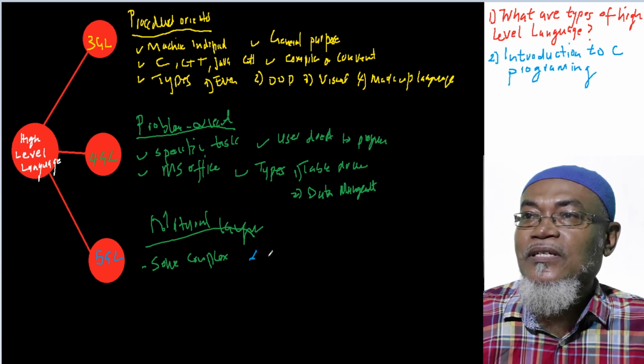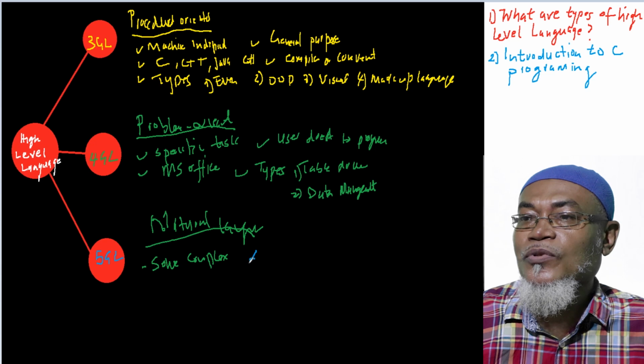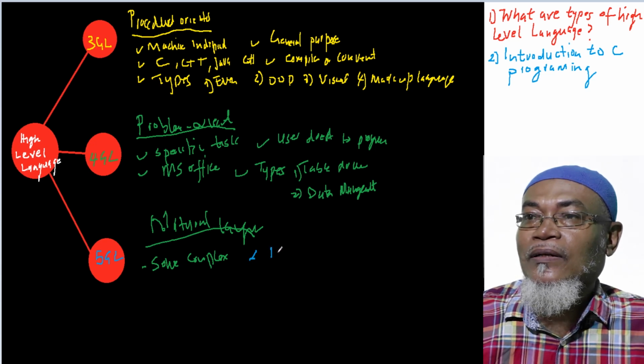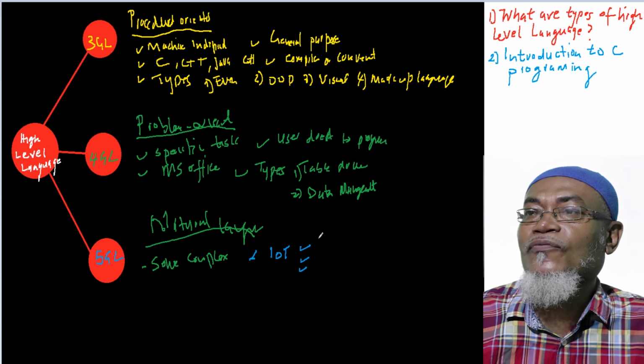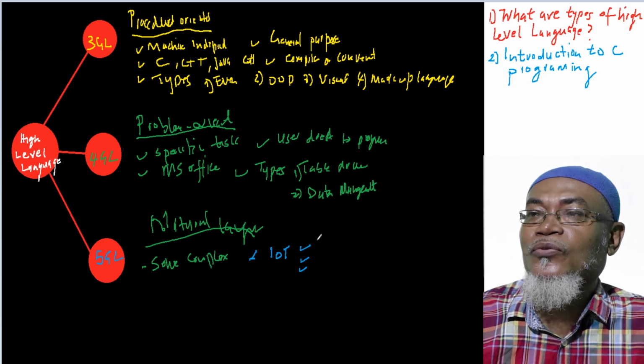These examples are the ones used in today's world, whereby programming has reached the highest level of implementation, and it has been used in the implementation of what you call the Internet of Things. The Internet of Things is composed of so many technologies and applications today.